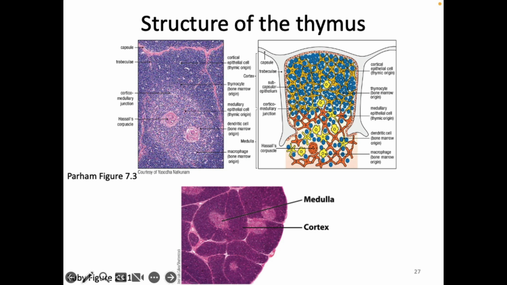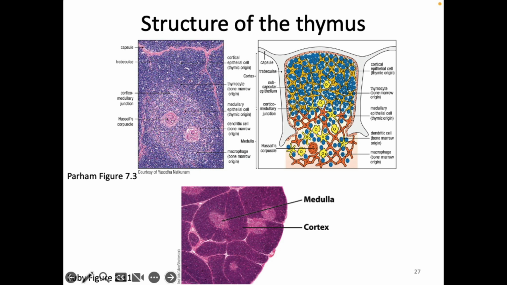If you can remember that, that will actually help you a lot. The reason why the cortex is so much darker is because the cortex has a higher density of cells. It's really crowded with cells. There's not much room for light to go through because it's so crowded. While the medulla has a smaller density of cells. And particularly when I say cells, I mean the developing T cells. And so you can even see this in this cartoon up here.